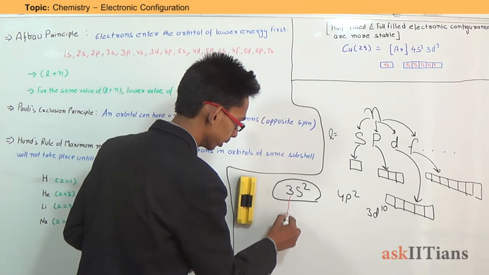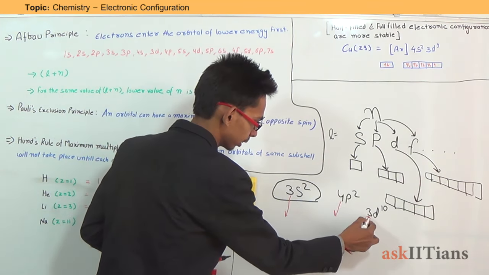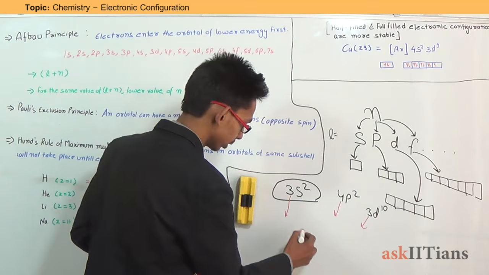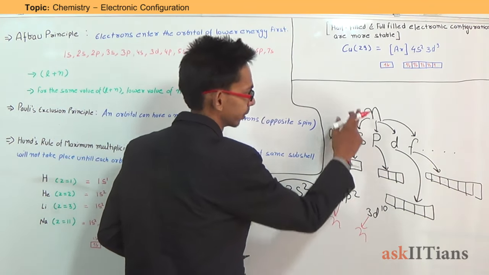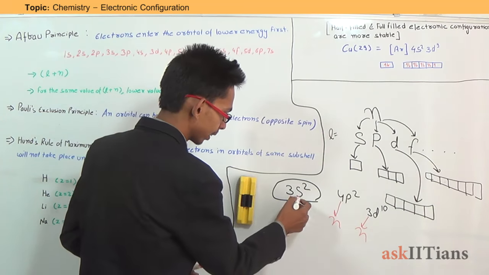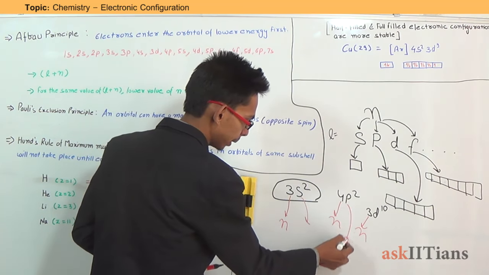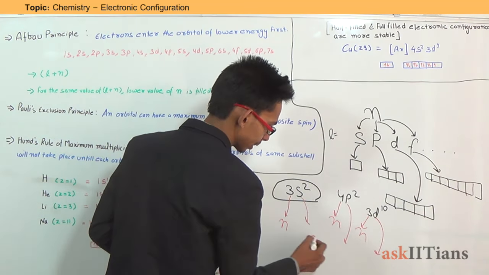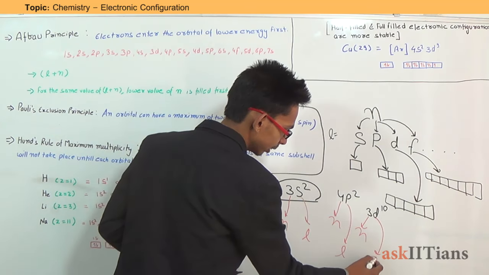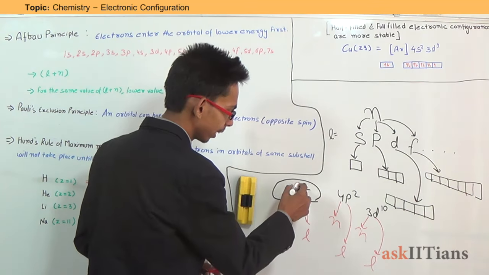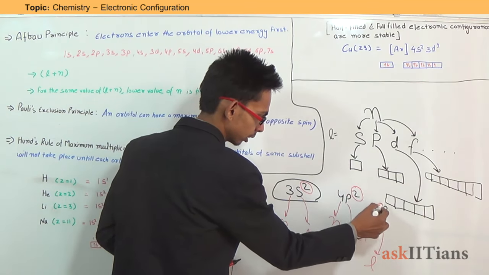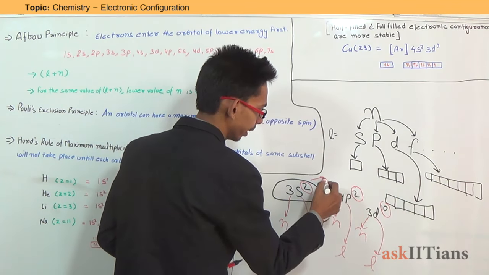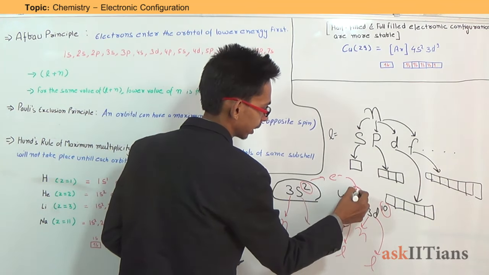This number represents the principal quantum number, the shell. After that, S, P and D represent the azimuthal quantum number, that is L. And then these numbers represent the number of electrons present in them.